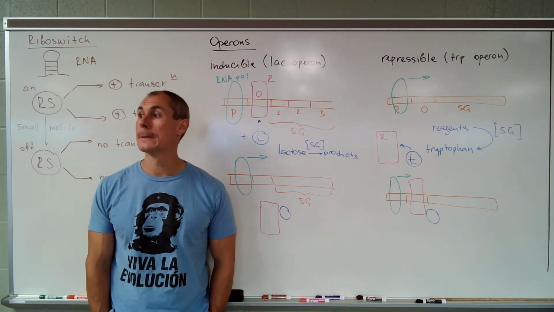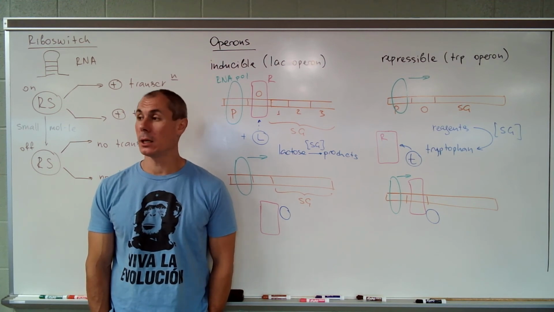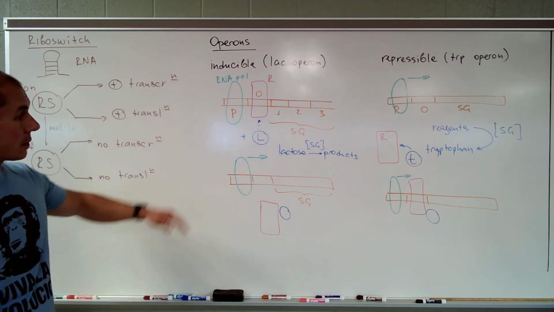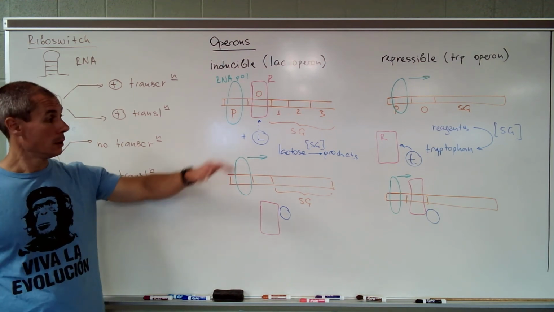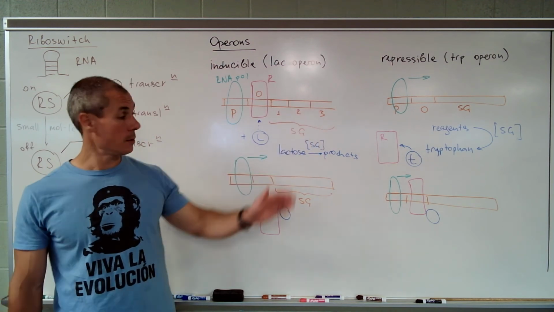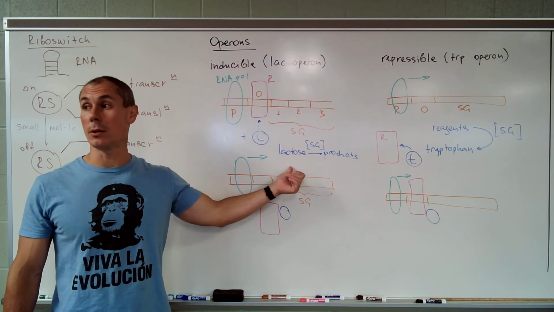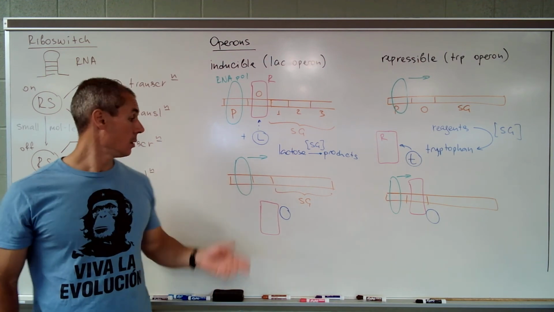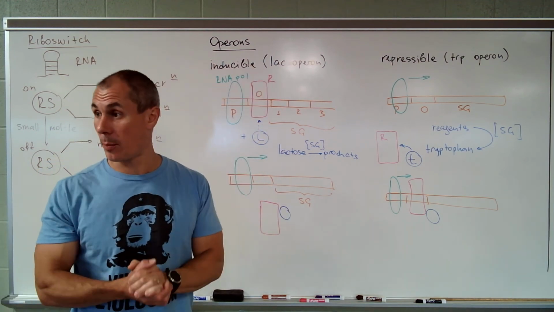Does that make sense? And it's, again, a classic negative feedback because look what happens. When you start supplying lactose, genes are being expressed, enzymes are being produced, and those enzymes break down lactose. When they break down all the lactose, nothing can remove the repressor from the operator sequence.